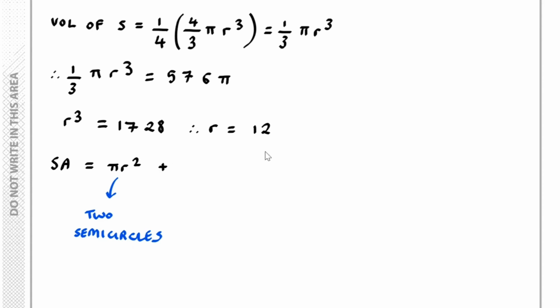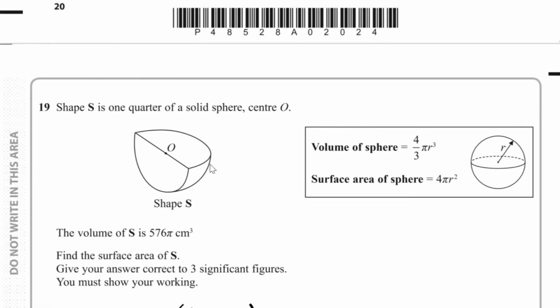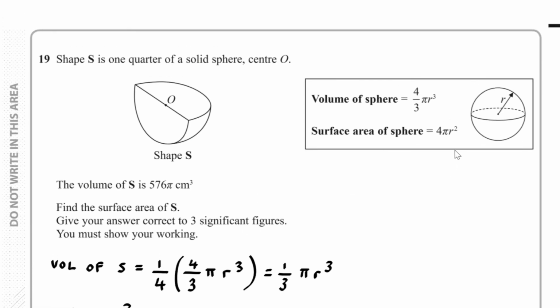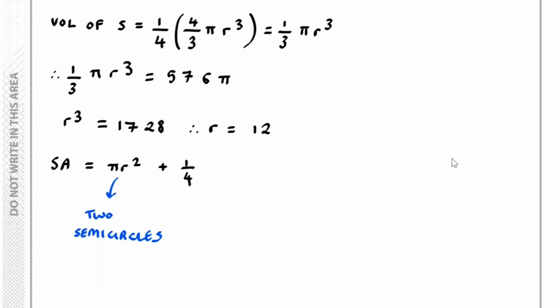And then we've got 1/4 of the outer bit, and the outer bit, that will be 4 pi r squared. So we've got 1/4 times 4 pi r squared.